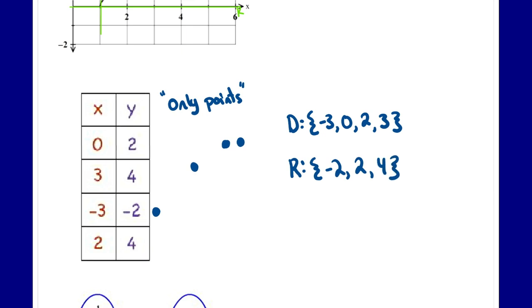Even though 4 comes up twice, I don't need to list it twice, because y could be 4. So the y values, or the range, can only be -2, 2, and 4. Again, we're not making assumptions that it exists in between those values, even if we were to connect them with a straight line.